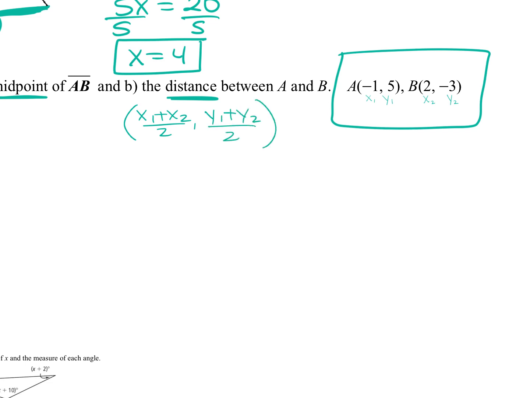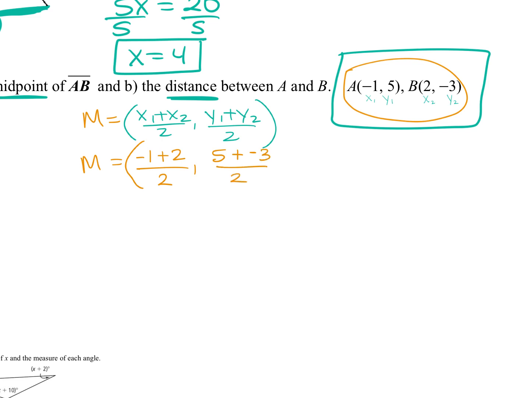What is that with these numbers? -1 plus 2 over 2 and 5 plus -3 over 2. Okay, so this is our setup. And now we do the simplifying.